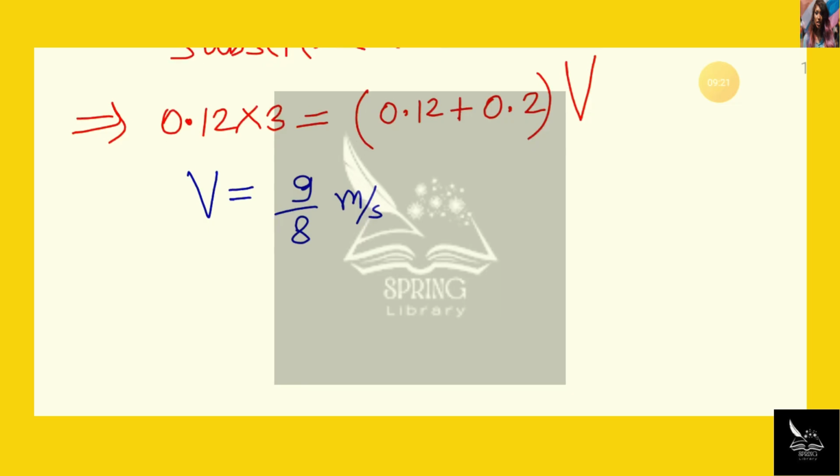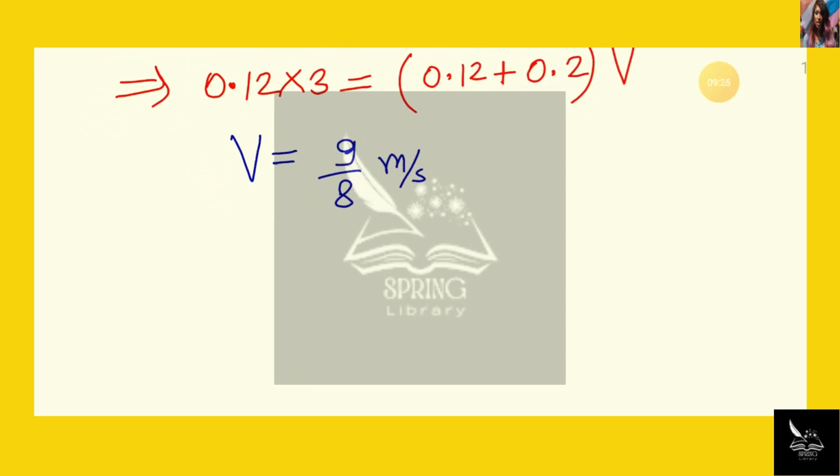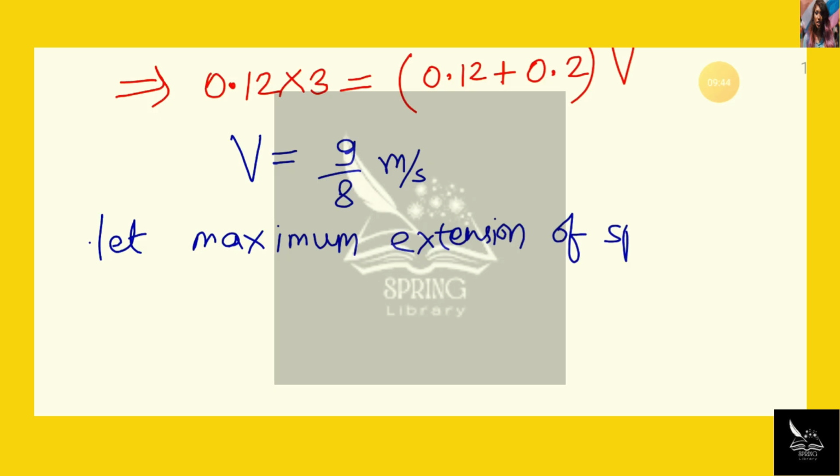Now in the question it is asking that we have to find the maximum extension of spring. So consider that the maximum extension of spring after collision is delta, that is del.